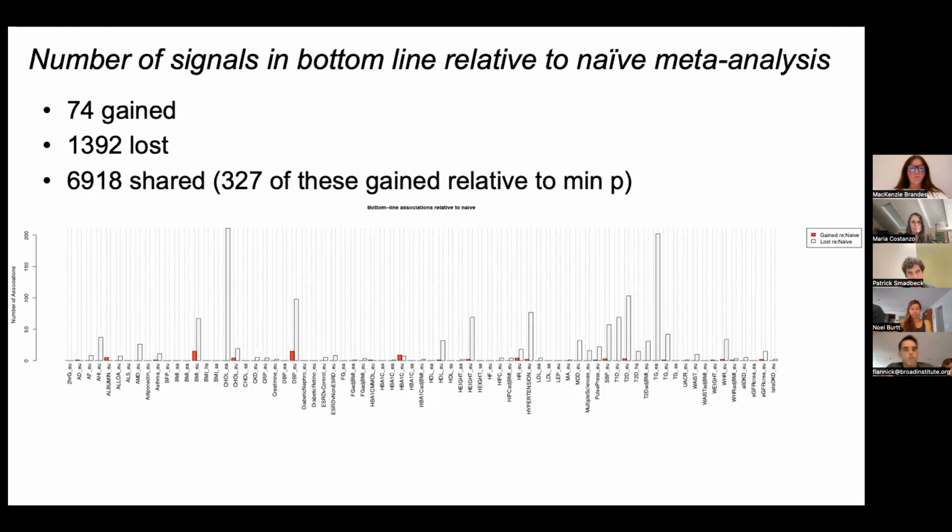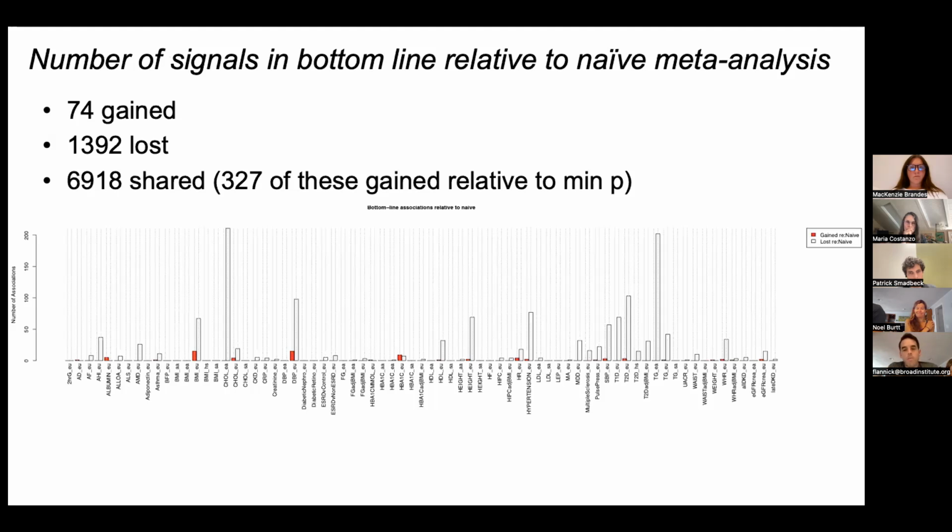So essentially the way to break these down is that if you run the bottom line analysis relative to the minimum p-value, it gains 327 associations that the naive meta-analysis would also detect, but it finds a lot more that the naive meta-analysis thinks are accurate, but are not accurate once you correct for overlap. But it actually even gains some associations relative to naive meta-analysis.